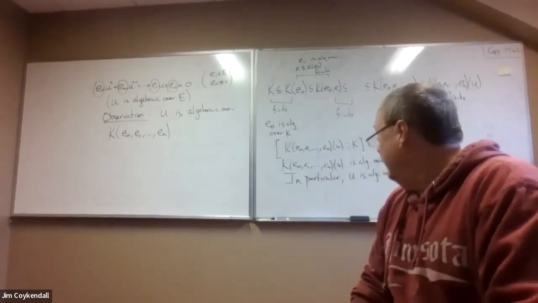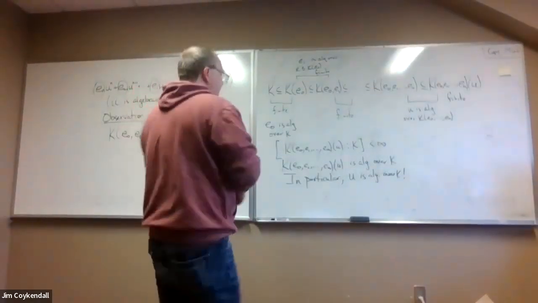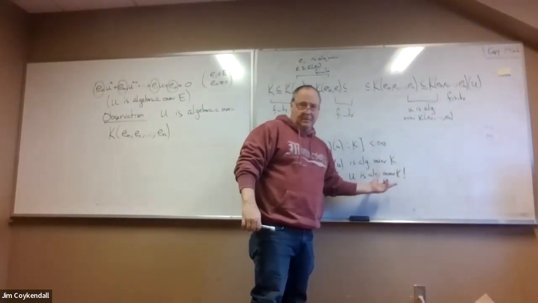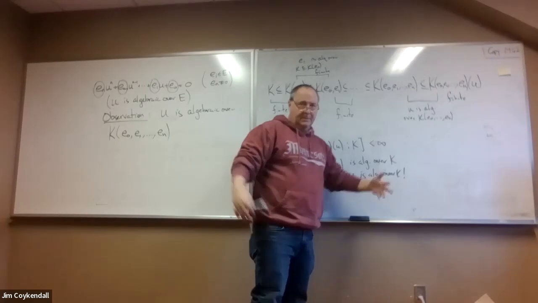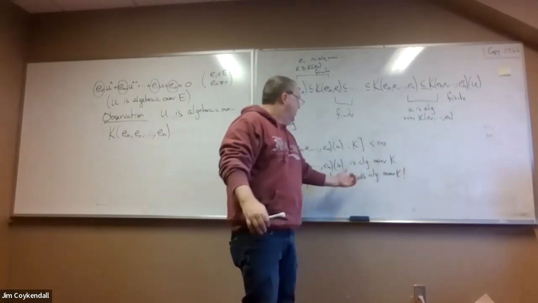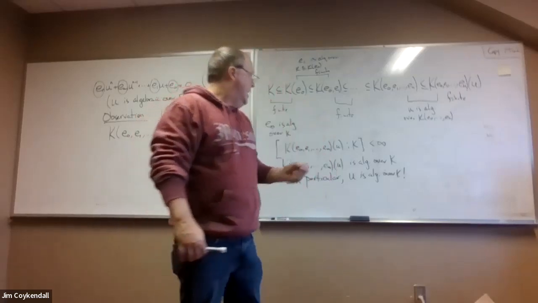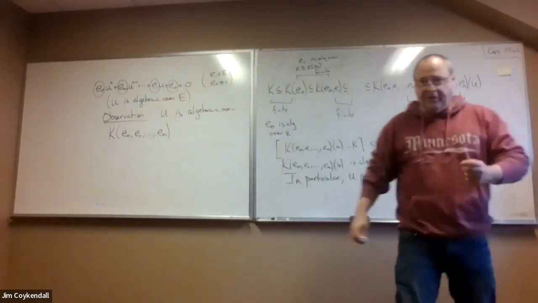I cannot resist pointing out that what it means for U to be algebraic over K is that it is the root of some polynomial. What polynomial? This proof does not ever explicitly give you the polynomial. It just shows that there must exist one.